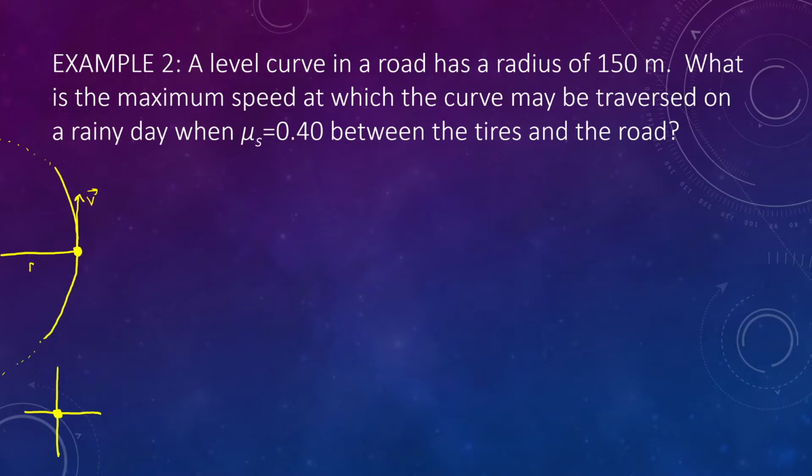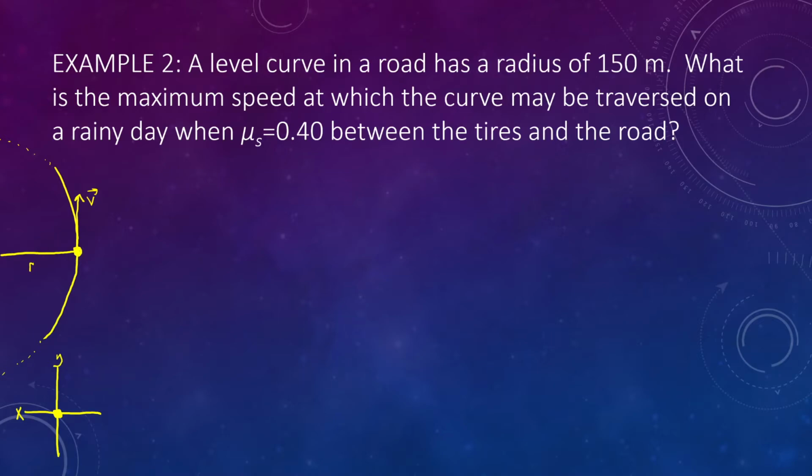The way I've drawn it now, for this problem, the center of the circle is to the left. So our x-axis is pointing to the left. This is weird. We normally label it over here, but now the positive x-axis is to the left. Again, your x-axis always points toward the center of the circle. In this case, it's to the left.